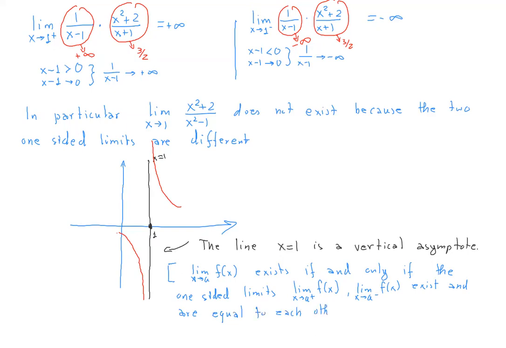Okay, so this is a principle that is very, very useful because sometimes you may have a function that may have a different behavior on the right than from the left.